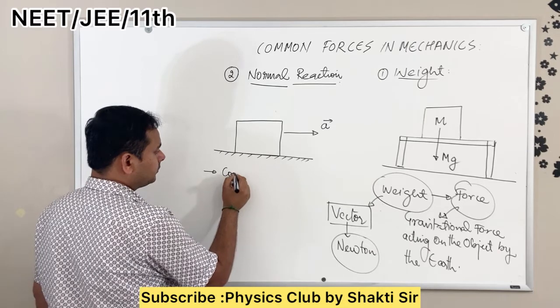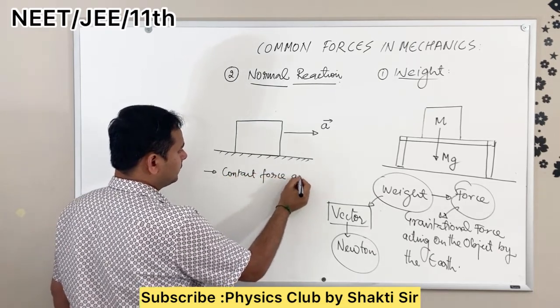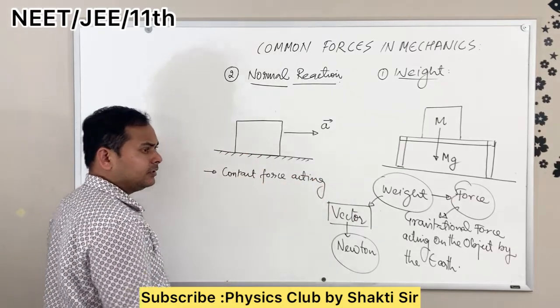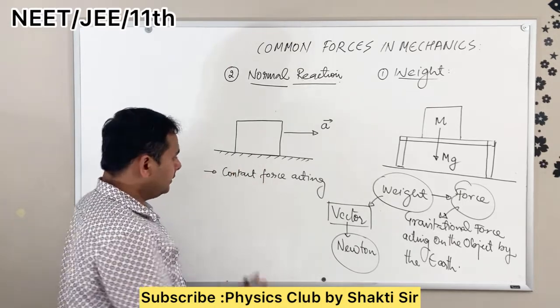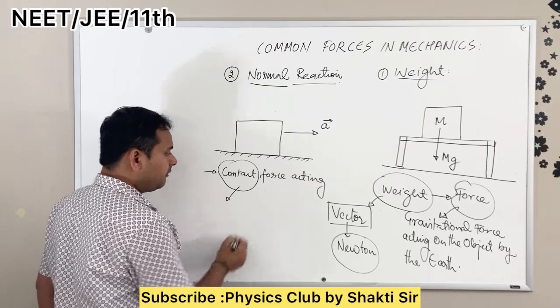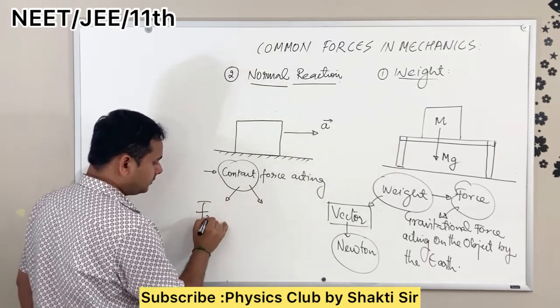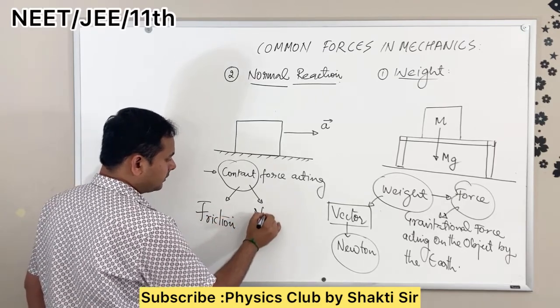So there is a contact force acting between the object and the ground. This contact force is subdivided into two parts. One is friction and one is normal reaction.